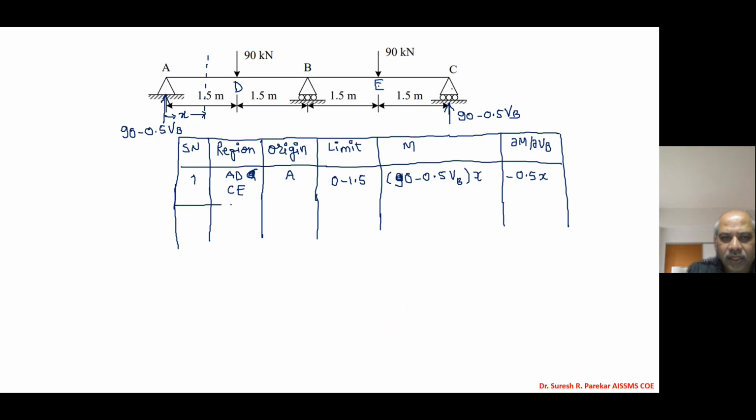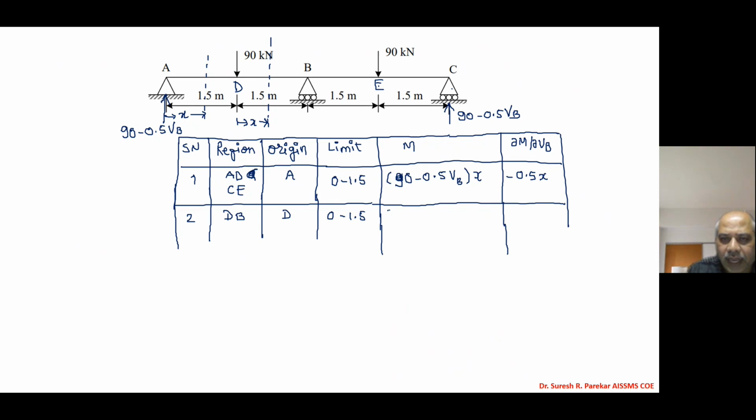Then we have the second region, that is DB. The origin is D, and the limit is the same, 0 to 1.5, with X measured from D. Now the moment is most important.